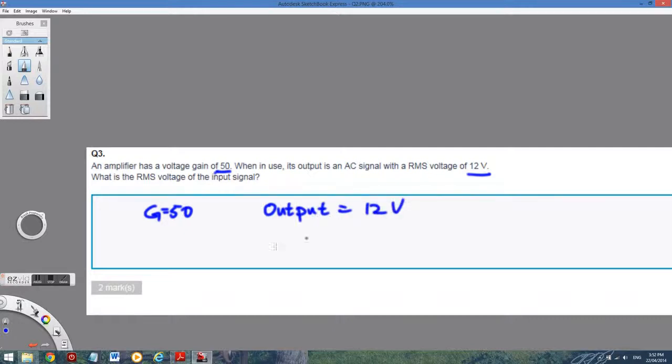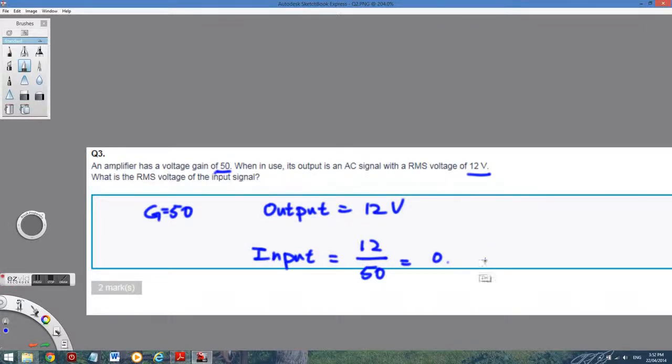The idea is the input magnified 50 times gave me 12 volts. So to find the input, it must be 12 divided by 50. Then it's going to be 0.6 volt.